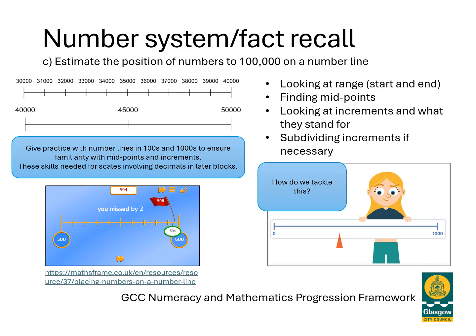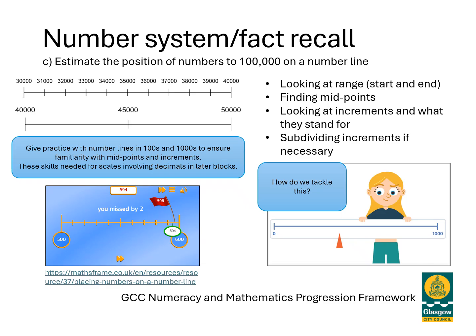So as we've visited through primary 3, 4 and 5, in terms of estimating the position of numbers on a number line, the process is exactly the same. So they're looking at the range of the section of the number line that they're presented with, finding any midpoints or marking on midpoints if they need them, looking at the increments they've got and what they stand for, and having to subdivide those increments if necessary.